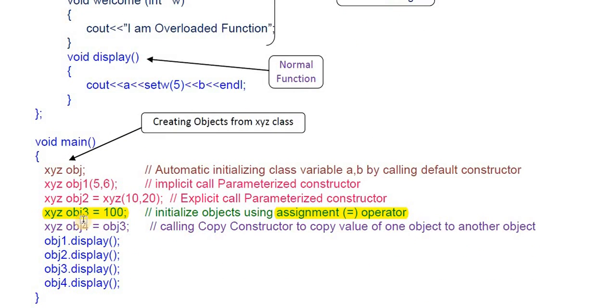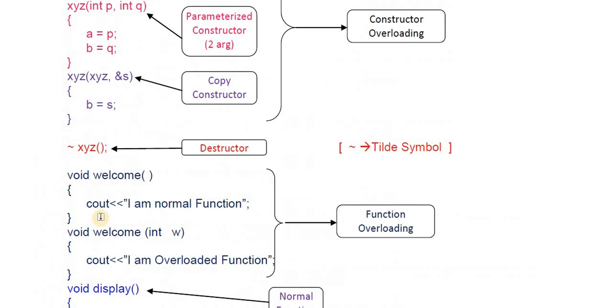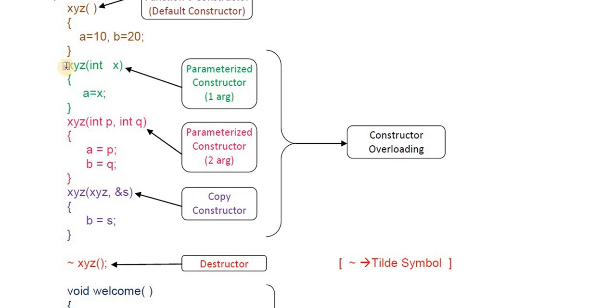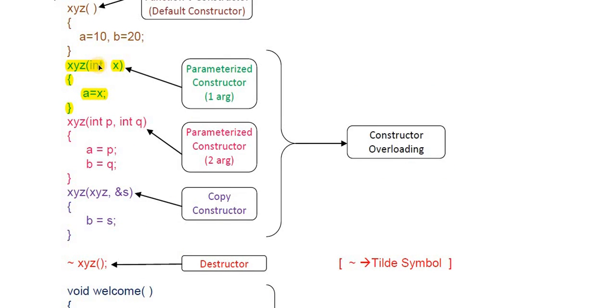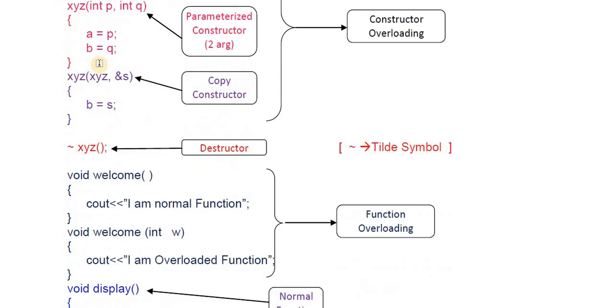This equal to operator without parentheses will call the constructor having only one argument. In this constructor XYZ, we are using just one parameter x. So by writing like this, this constructor will be called.